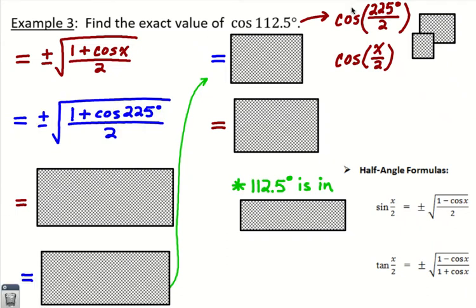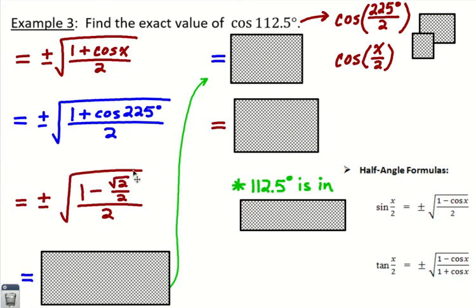So once we convert it to the right side of this formula and we plug in our nice 225 for x, we can proceed because we can do the cosine of 225. You look at your cheat chart and you see that the cosine of 225 is negative root 2 over 2. And so we do the cosine of 225 to get us going, and we get to here.